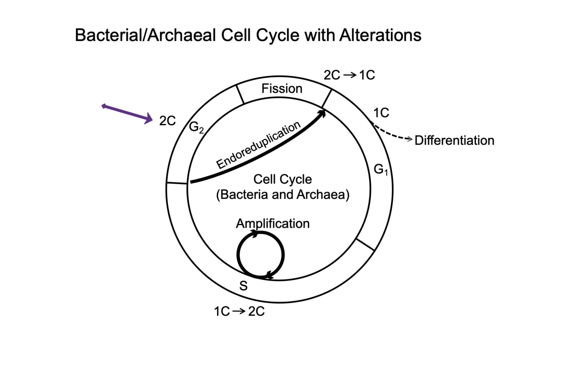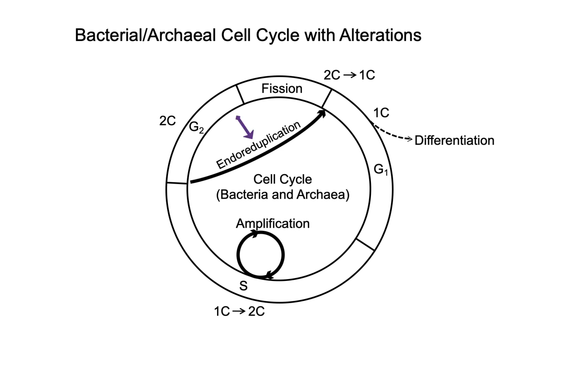And then in the G2, which is the 2C level, also cells can undergo differentiation or resting stage in a spore, etc. And then through binary fission, where the cells are divided and the two chromosomes are separated to yield a 1C cell again.